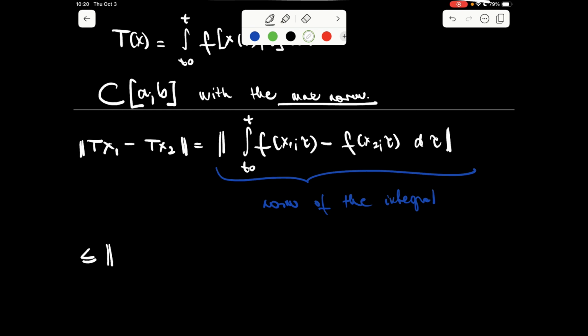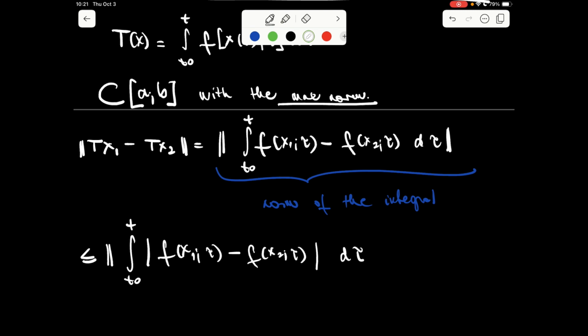So if we put the function into the absolute value function, so if we take the absolute value of the difference of functions, then we receive this inequality.